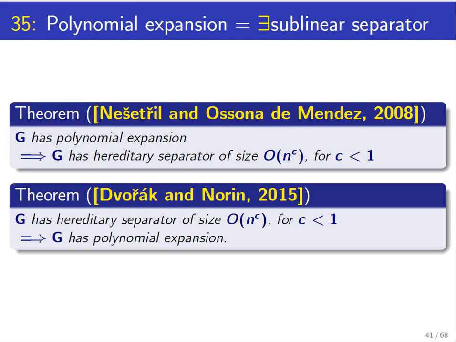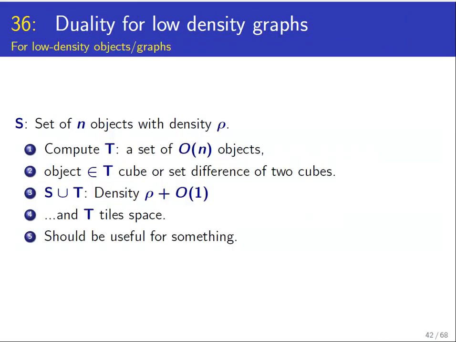By that I mean you take any subgraph, and this subgraph is going to have a separator of size which is small compared to the size of the subgraph. And this is an if and only if, right? If you give me a graph such that for every induced subgraph there is a small separator, then this graph is a polynomial expansion graph. So you can think about polynomial expansion graphs as just all the graphs that have an effective sublinear separator, which is algorithmically a very useful property.